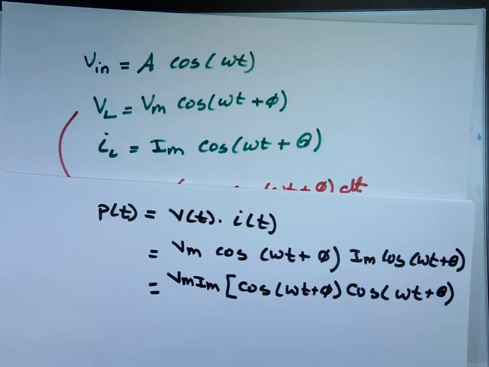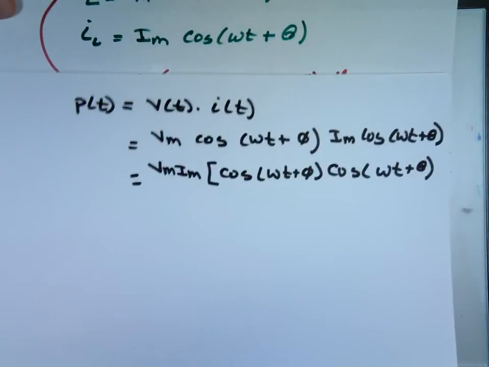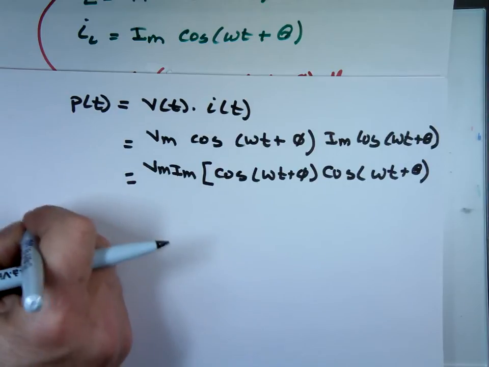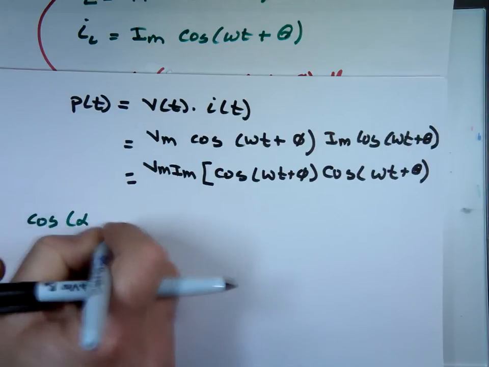Now we have a trig identity. Let me look at them. What's cosine(alpha plus beta)?